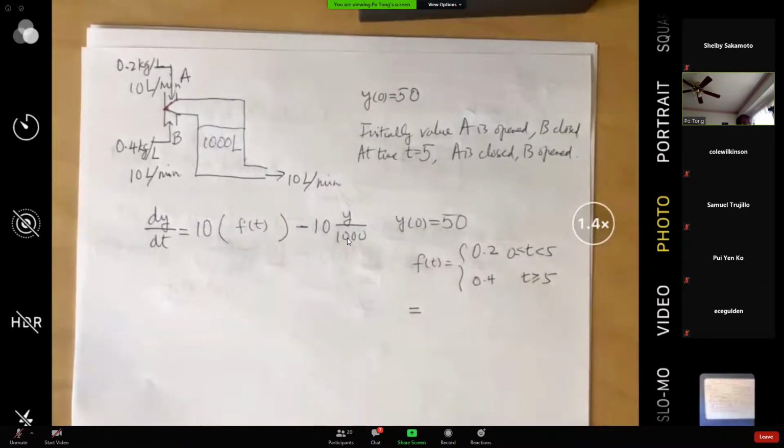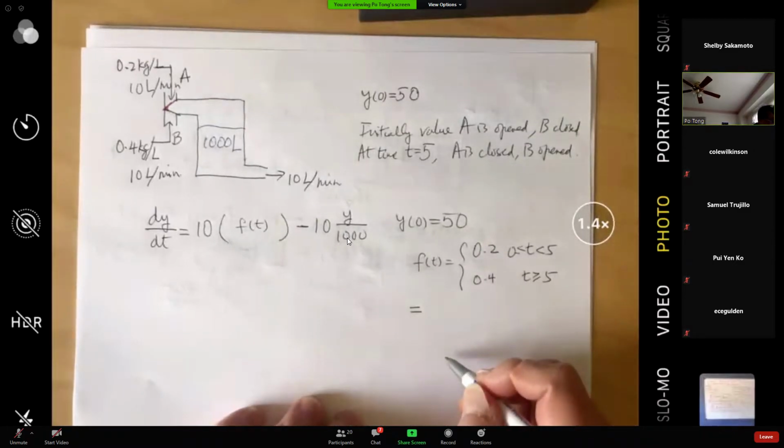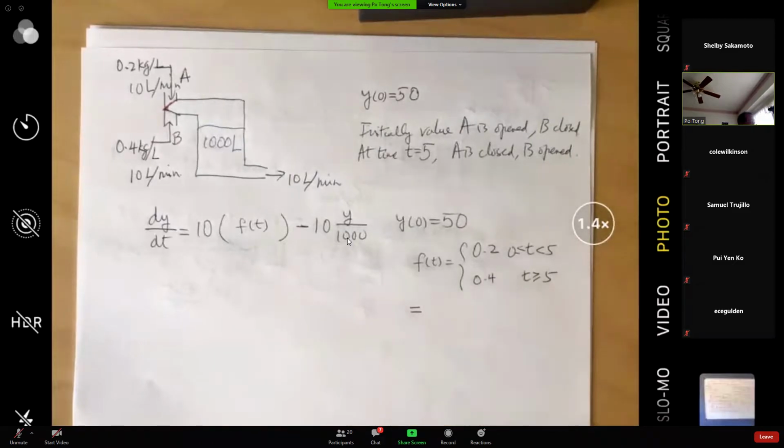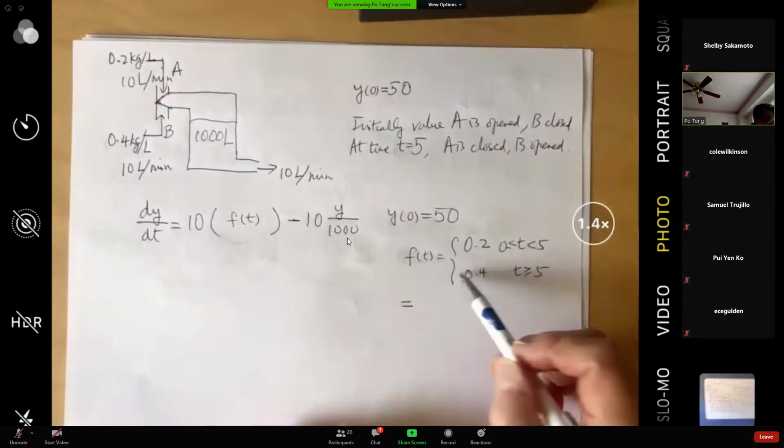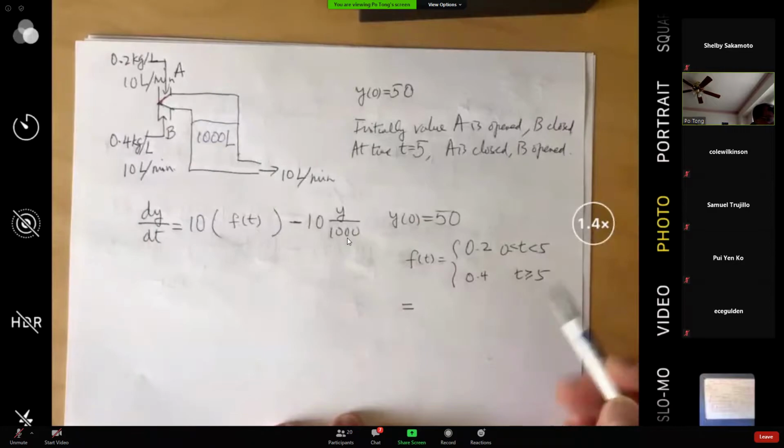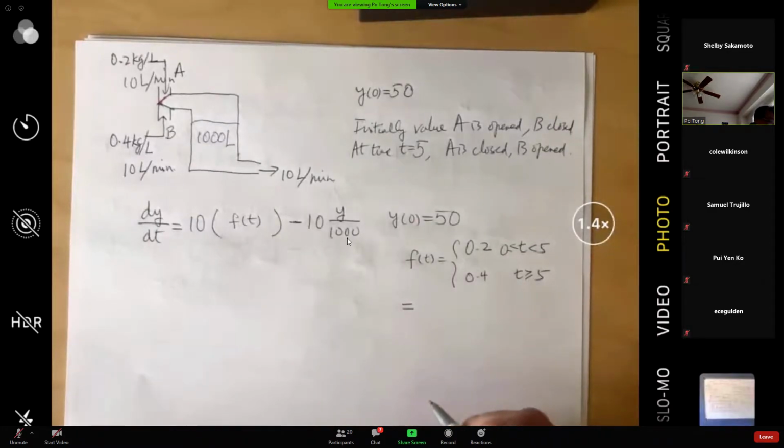At the beginning, so this guy, if I graph it, I don't think you guys like the graphs. I'm going to do it like this. At the beginning, it's 0.2. Later on, it's 0.4.